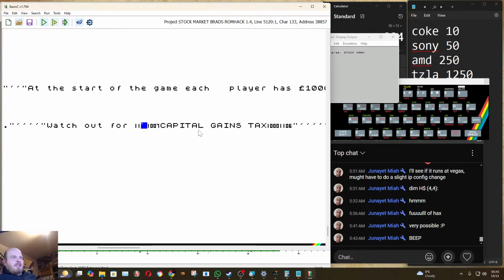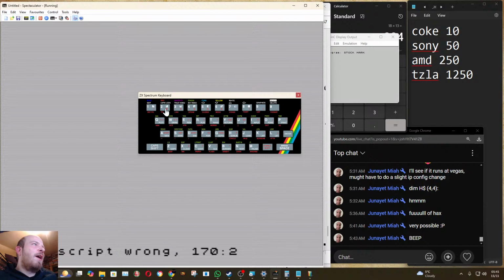This here makes it flash. This is a special key on the keyboard where you have blue, red, magenta, green, cyan, yellow, white, right? And then graphics. But then there is one that says flash. Where is it? Here, flash, under V, right?